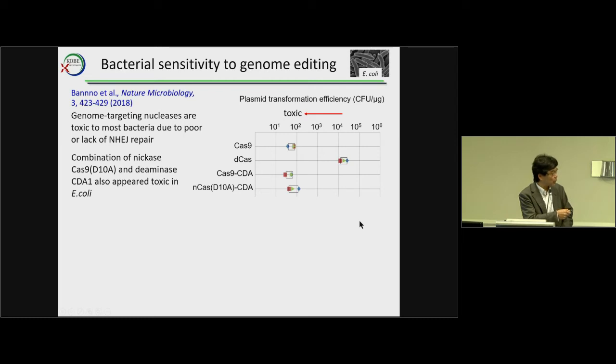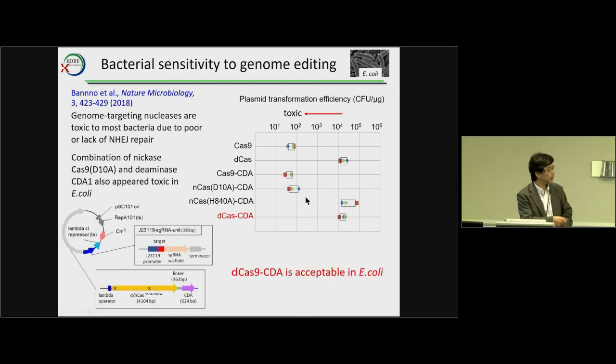A low value means high toxicity. Similar to the Cas9 systems, this Cas9 AID system is very toxic. But if you utilize the dead Cas9 AID system, this is not toxic at all, and it creates a very high efficiency of mutations.